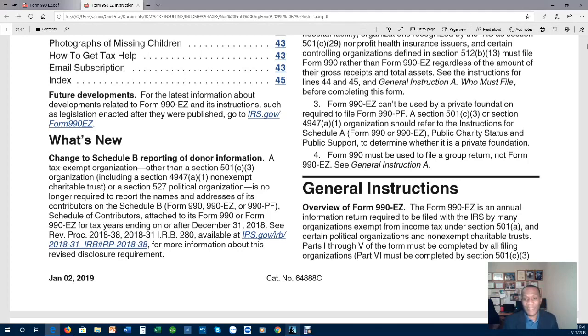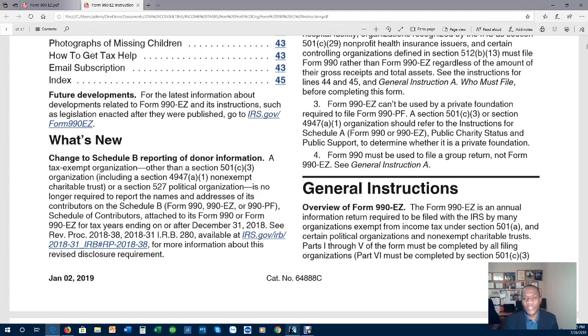A tax-exempt organization other than a Section 501(c)(3) organization, including a Section 4947(a)(1) nonexempt charitable trust or Section 527 political organization, is no longer required to report the name and address of its contributors on Schedule B.